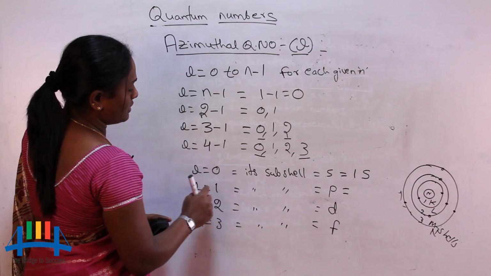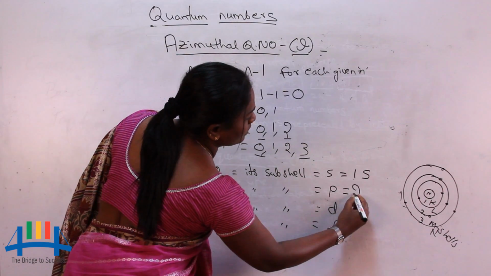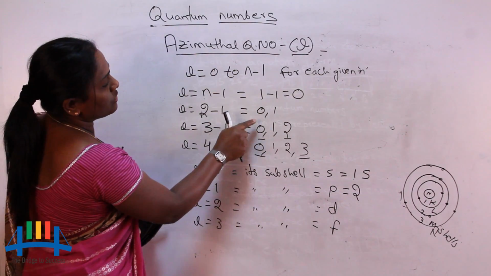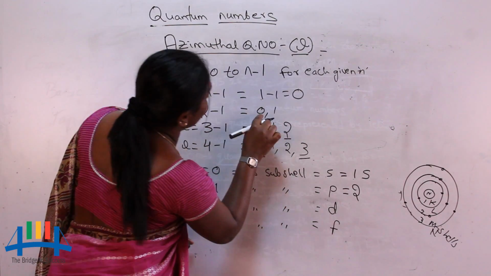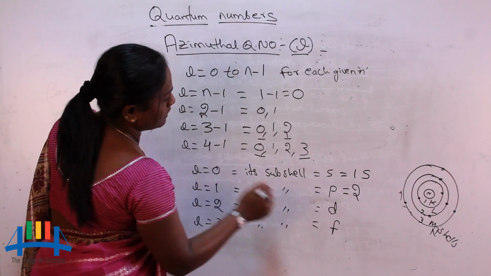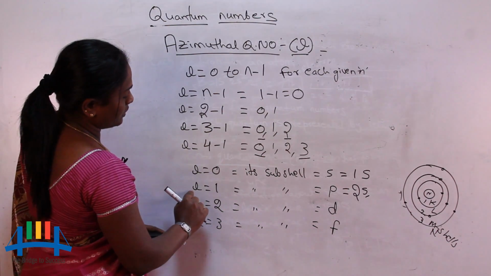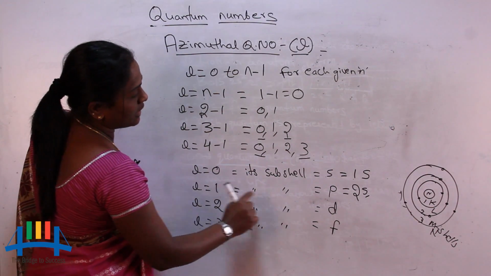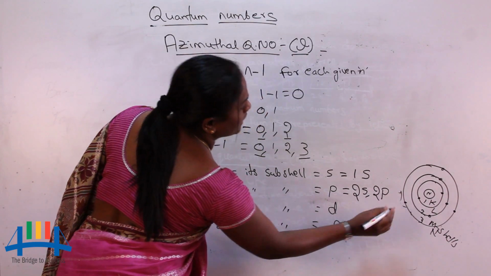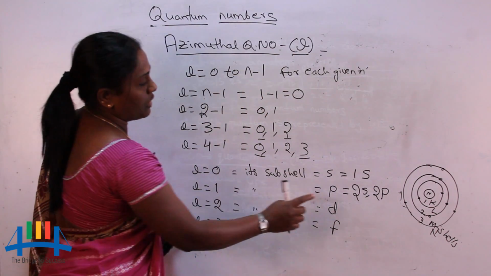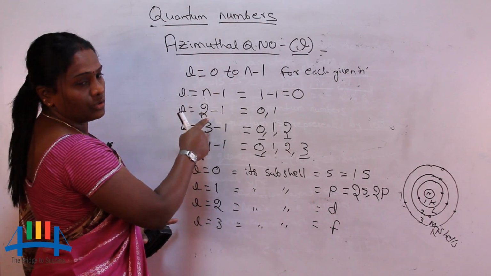And for p, if I take n value 2, I am getting two values, that is 0 and 1. 0 means again s, and 1 means, here l value is 1, so I should take p. So 2p. Two values are possible, 2s and 2p for n equal to 2.